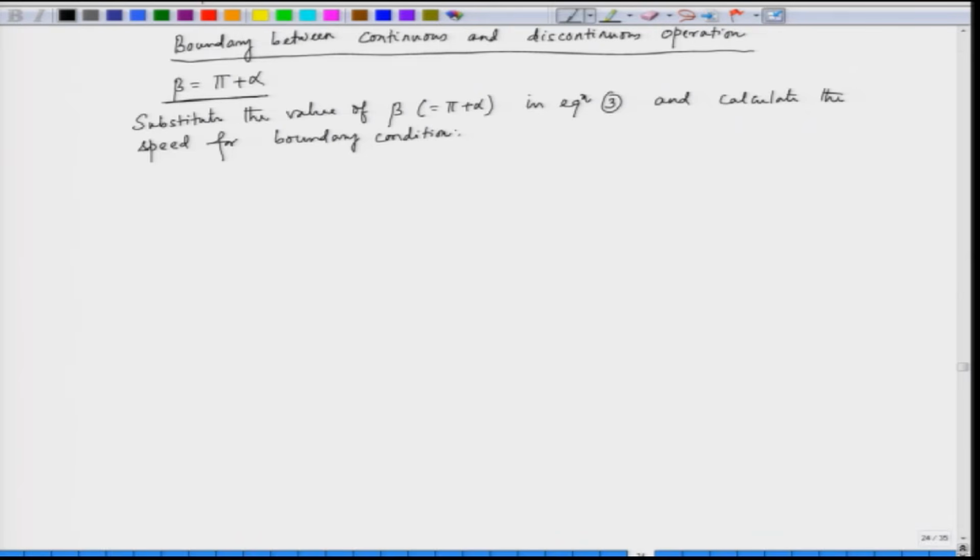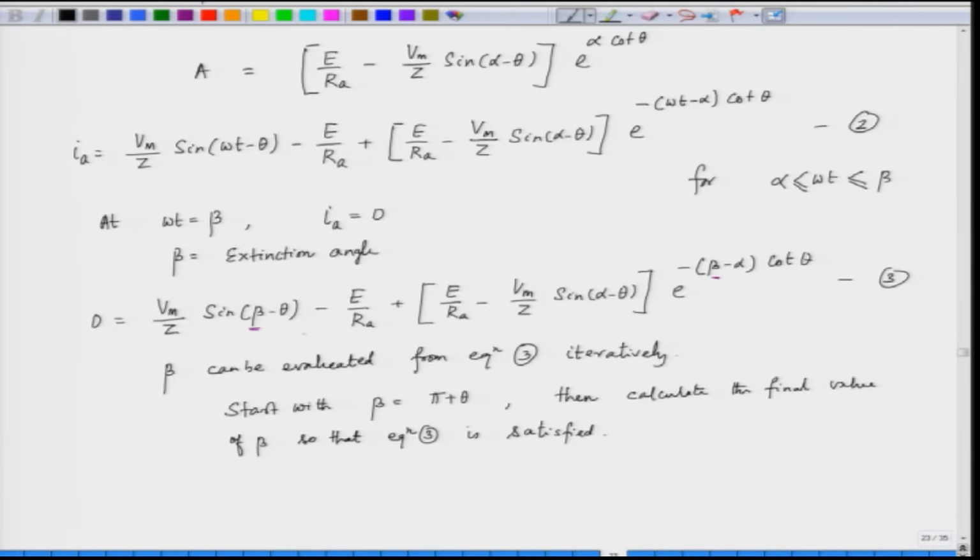So, we go back, and we substitute the value of beta in this equation number 3 and see under what condition we get this boundary between the continuous and discontinuous operation.